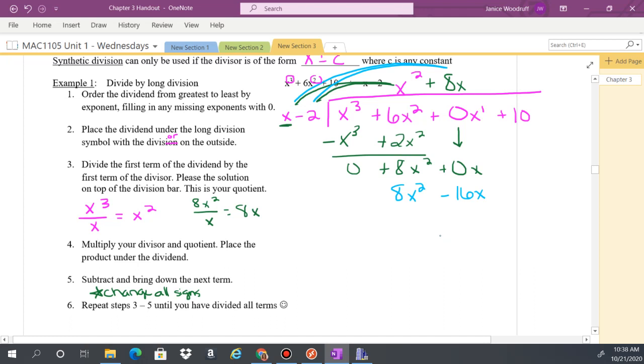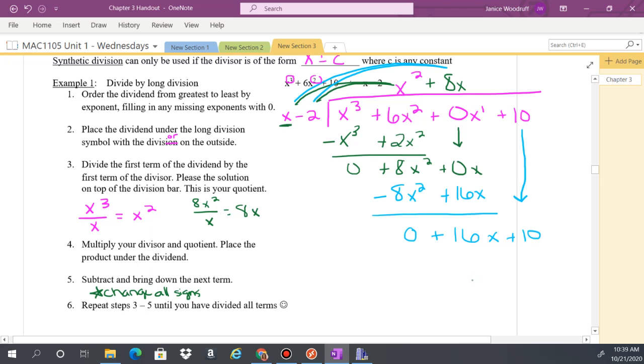Then step 5, subtract or change all the signs. So this becomes minus, this becomes plus. 8x squared minus 8x squared is 0. 0x plus 16x is plus 16x. And I bring down my last term, plus 10.